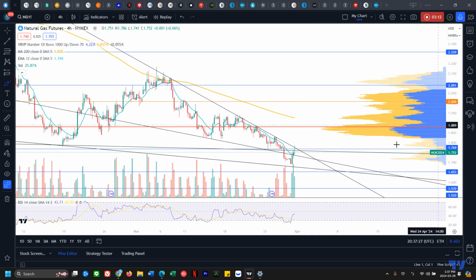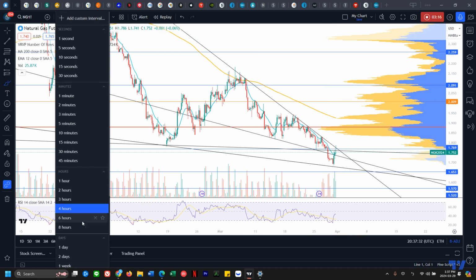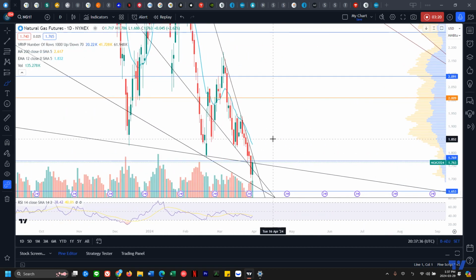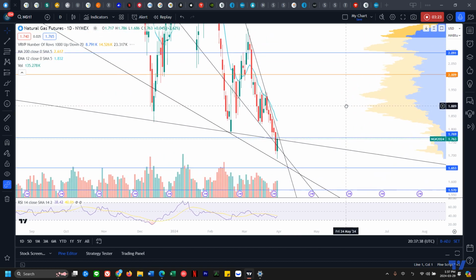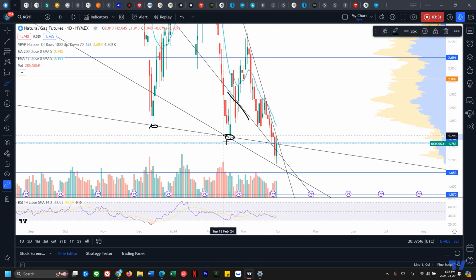But there is also another support right below us, right below that falling wedge. If we go to the daily chart, you can see that falling wedge break, which is this one, also broke this support. See this triple bottom support there, and when that broke, all this volume came in at the same time.